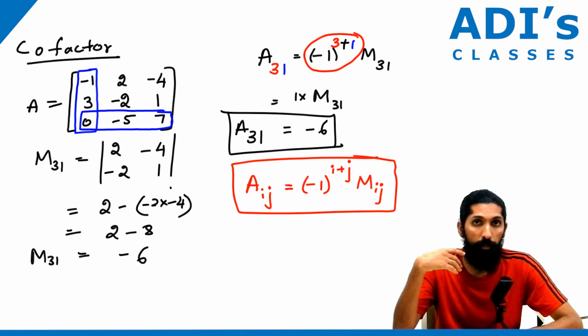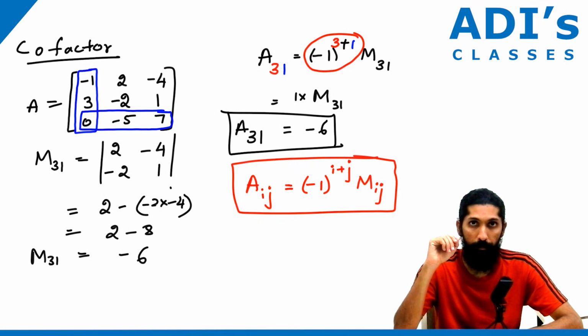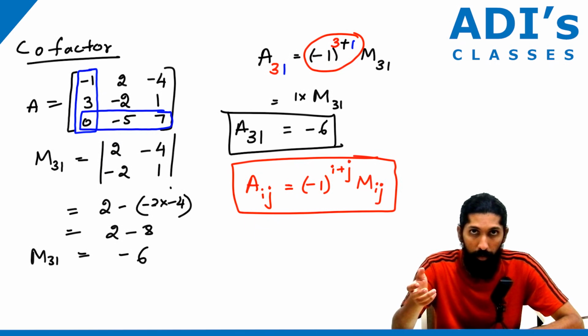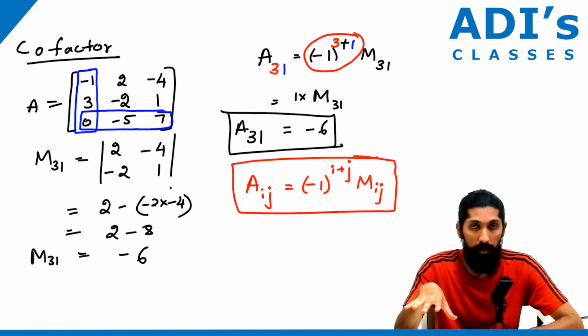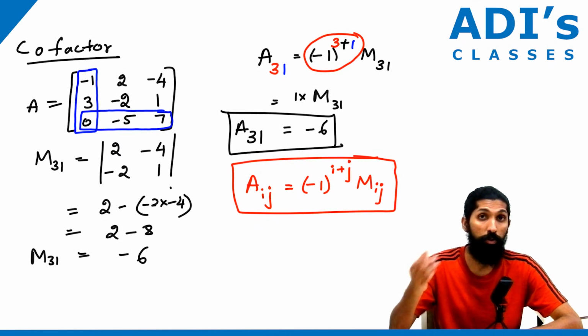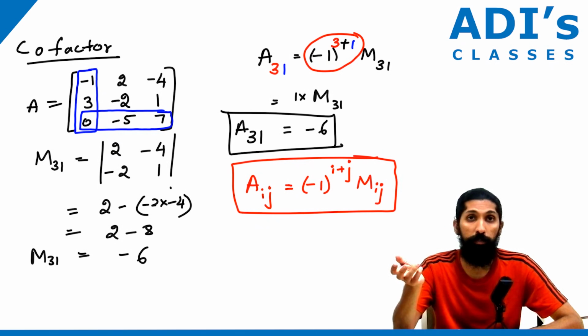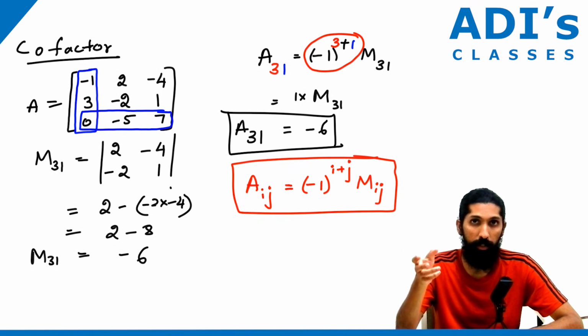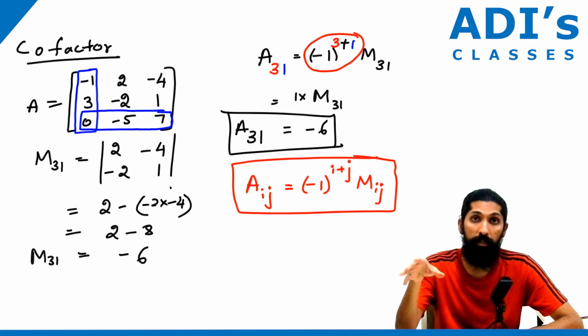There are certain properties which can be converted into a problem and given to you. In the next video, you are going to see a few problems related to minors and cofactors and how to solve them. Most of the time, it's going to be a proving sum, or they can ask you to find the cofactor matrix or minor matrix.